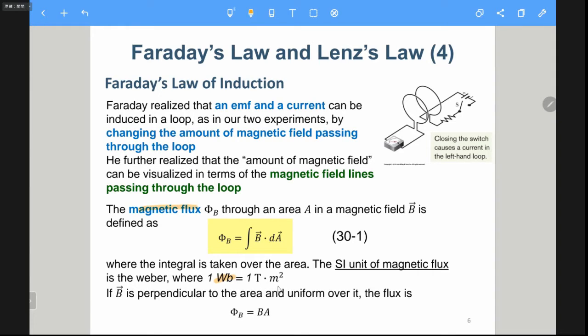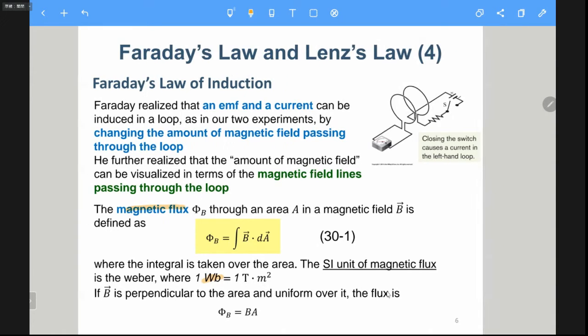So this is T·m², which is defined as the Weber. So if B is perpendicular to the area, this integration is nothing but a multiplication, B times A. So nothing special, similar to what we learned for the electric flux.